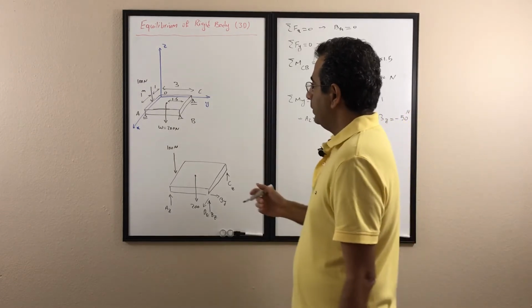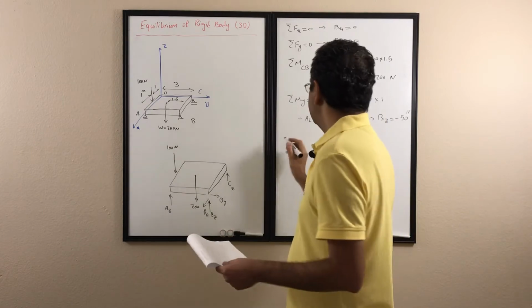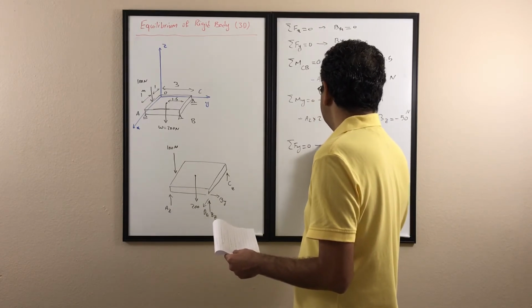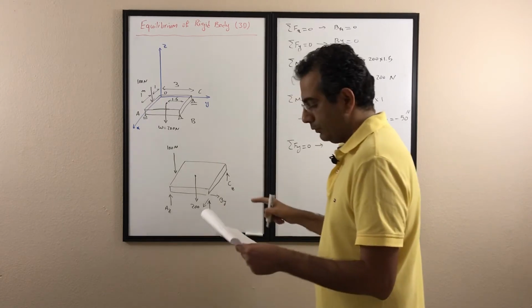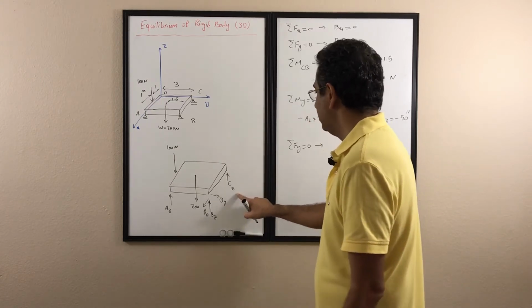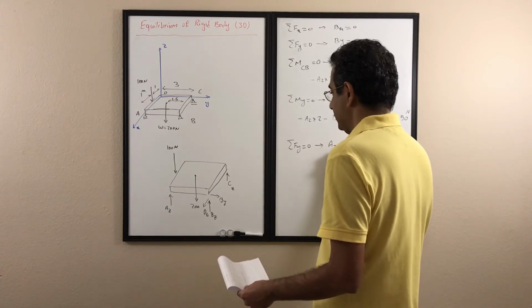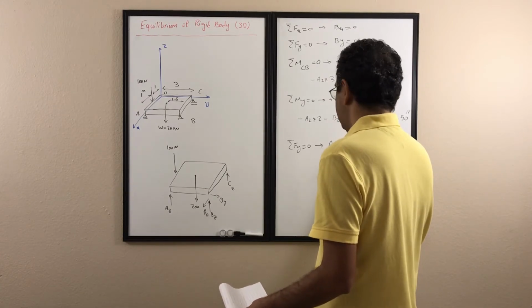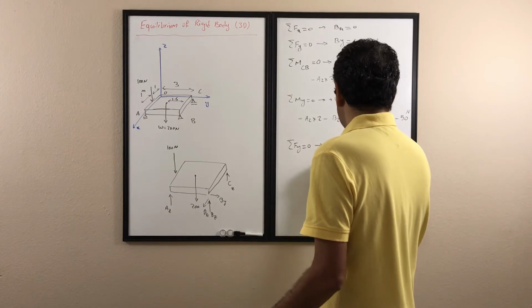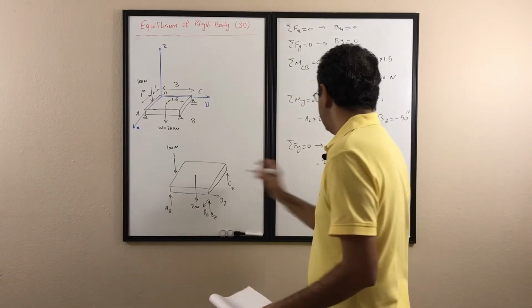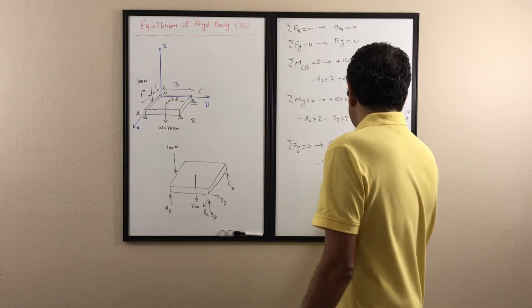And the last one, we want to find the last unknown, so we write sigma Fy is 0, because we already know all the forces except the CZ. So we have AZ plus BZ plus CZ minus 200 minus 100 is 0.